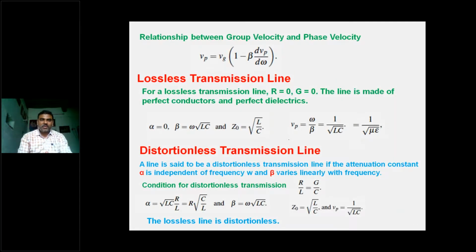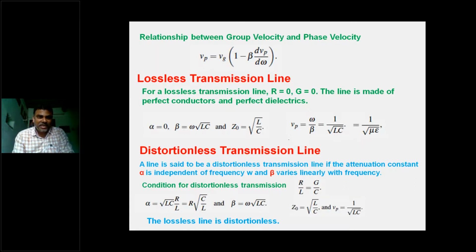And there is a relation between group velocity and phase velocity. So here phase velocity is group velocity into 1 minus beta dVp by dV. Using that relation, if you know the group velocity, we can find phase velocity or vice versa.